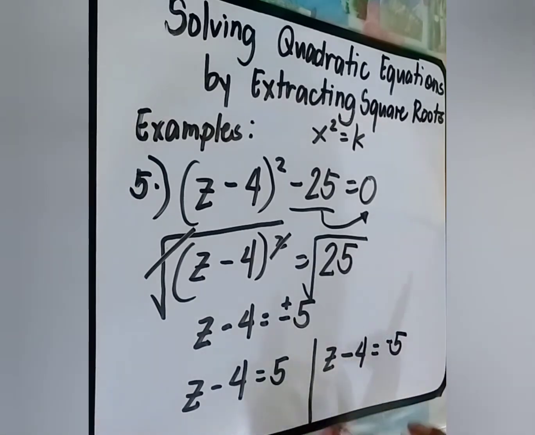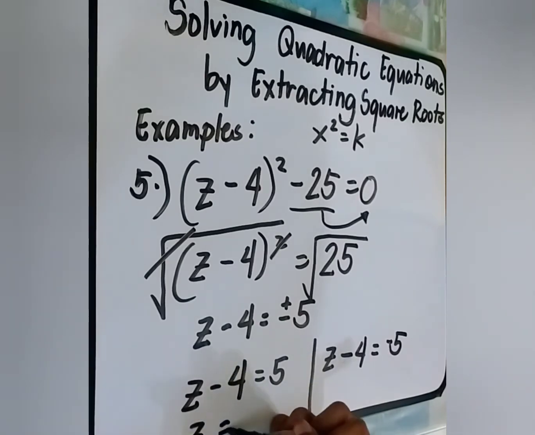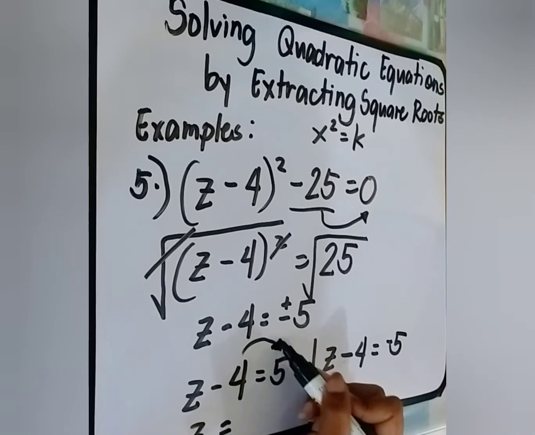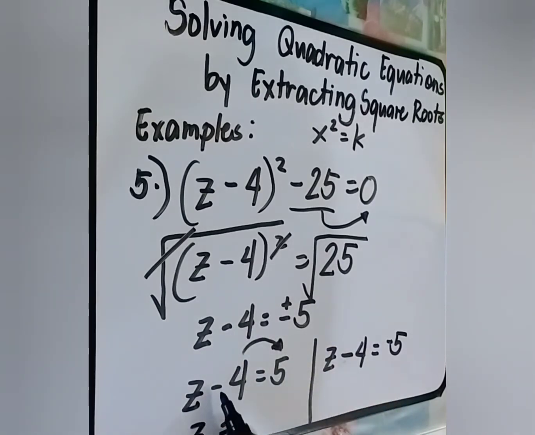Okay, so our first value of the equation is z is equal to, negative 4, ito transpose sa kabila, magiging 5 plus 4. So, ang sagot natin dyan is 9. Kasi, negative ang 4, ilipat sa kabila, magiging positive. So, 5 plus 4 is 9.